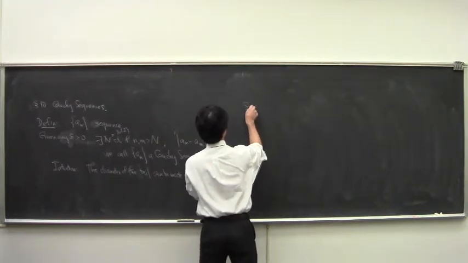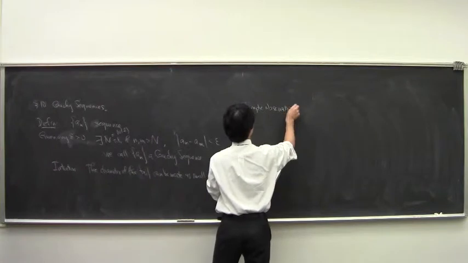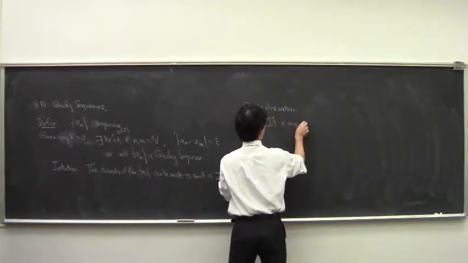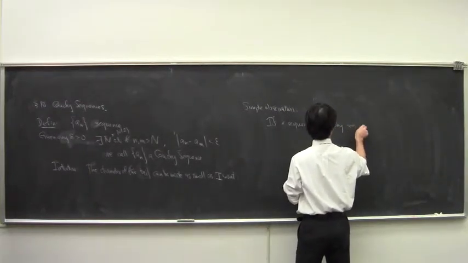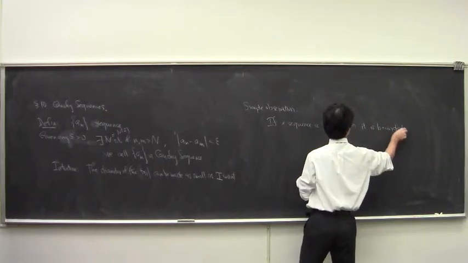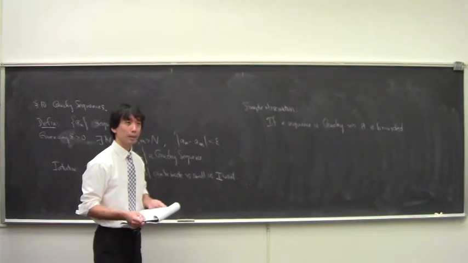So, a simple observation: if a sequence is Cauchy, then it must be bounded.